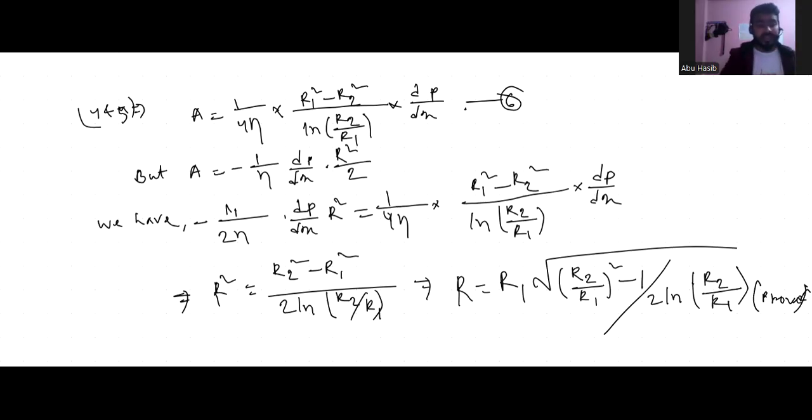So now I will discuss a different thing. For a steady, fully developed laminar flow of a viscous fluid through a circular pipe, the maximum velocity occurs at the center of the pipe. So we prove that the maximum velocity occurs at the center of the pipe, when r is equal to 0.